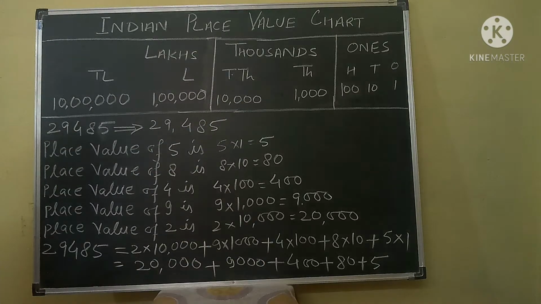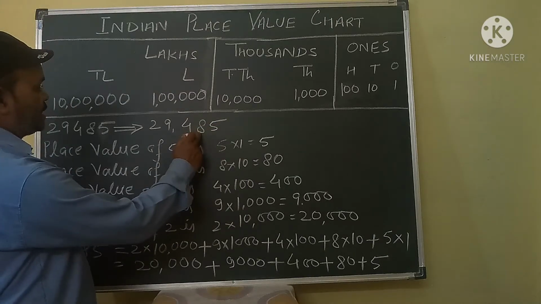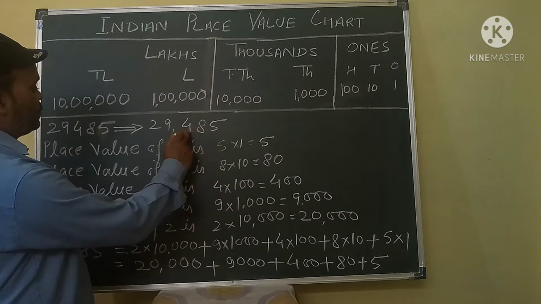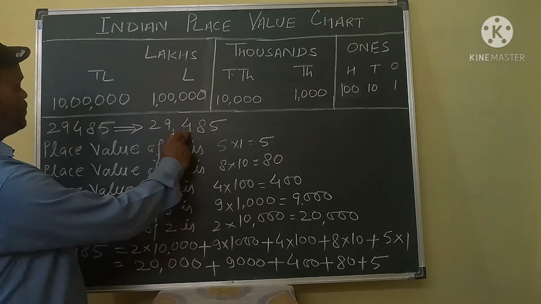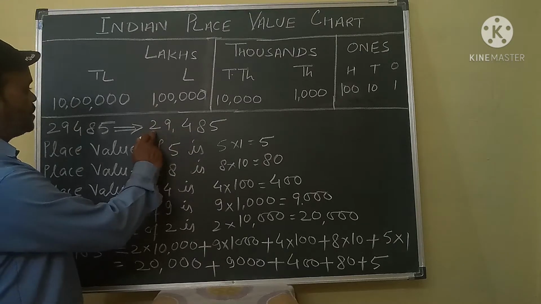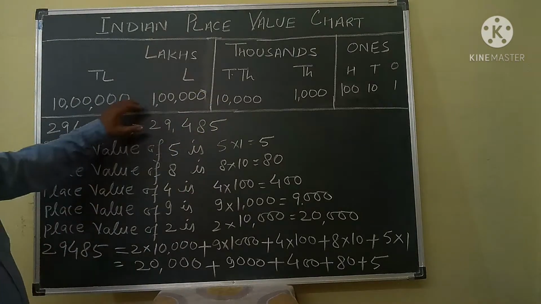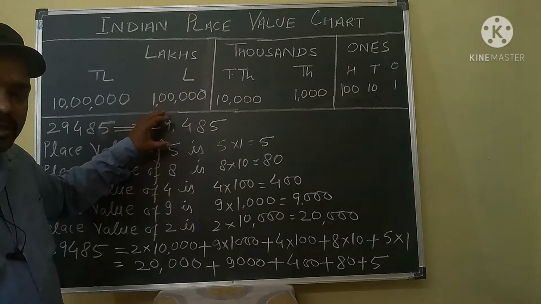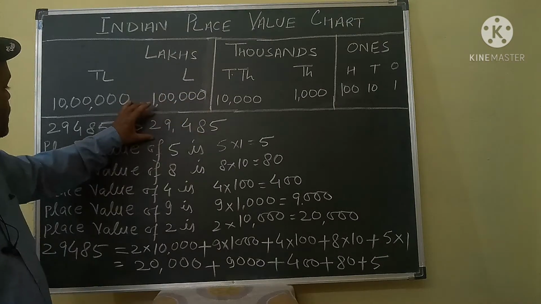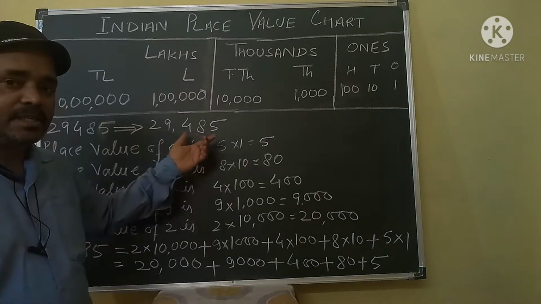Now 5 is in ones place, 8 is in tens place, 4 is in hundred place, 9 is in thousand place, and 2 is in 10,000 place. According to the place of these digits, we can take out the value of these numbers.